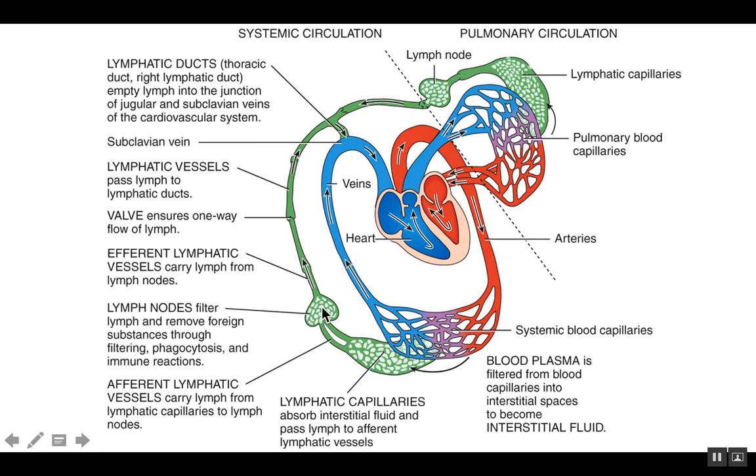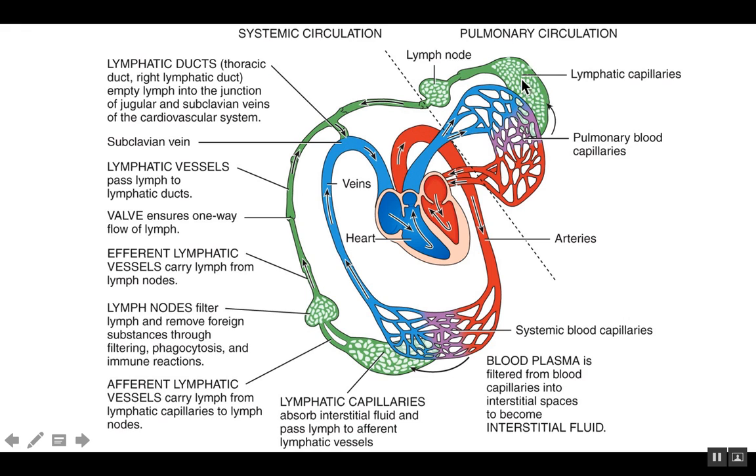Then eventually that lymph is going to drain. We've got some valves to make sure that the lymph is going to flow in one direction. And eventually you'll notice right here it's being delivered back into the bloodstream via the subclavian veins. You'll also notice your pulmonary capillaries are also important to be looked at for excess interstitial fluid.